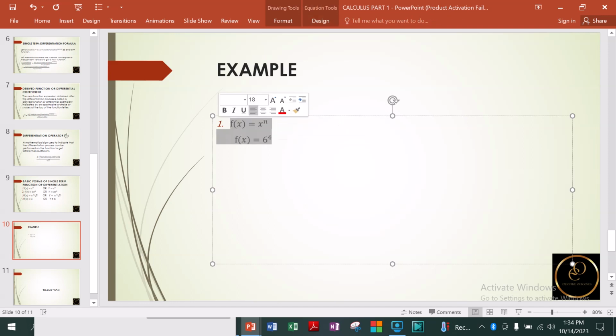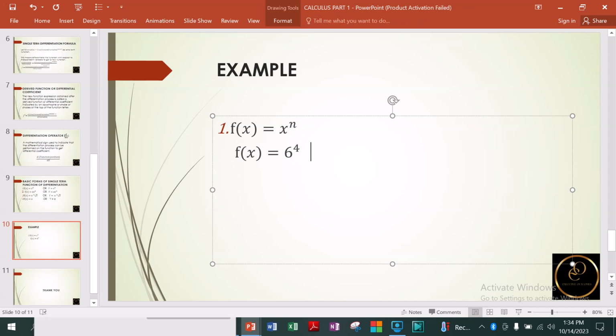This is our first example. Let's see, how do we go about it? If you are given this function, 6x to the power 4, that's better.